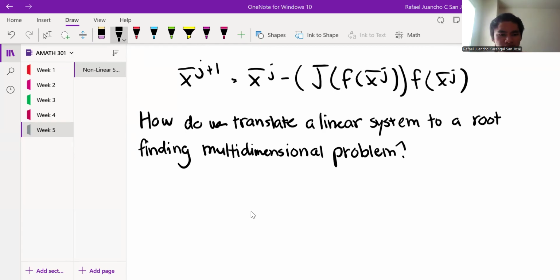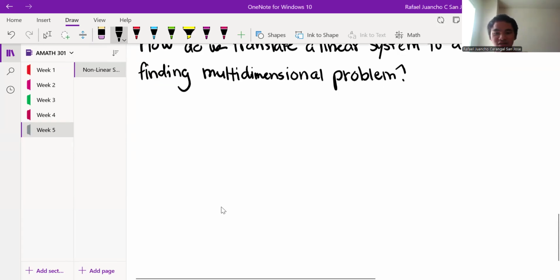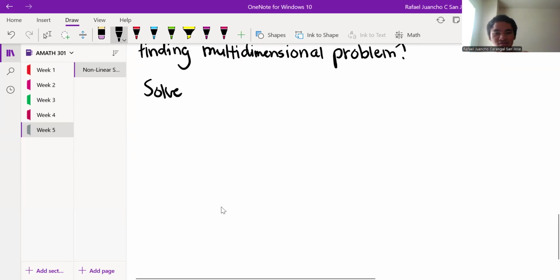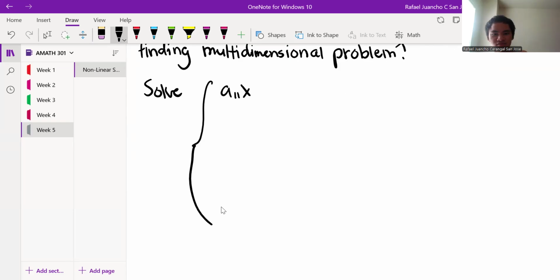How do we do that? And so we want to solve basically a system of linear equations here. So here we're not even getting into the nonlinear yet. So basically the idea is we want to solve something like this.